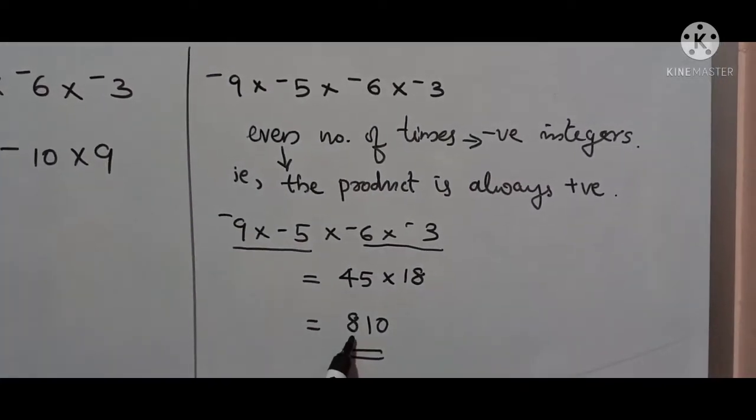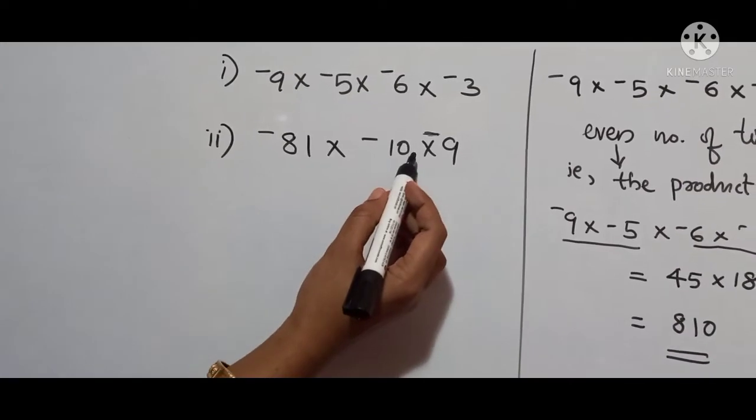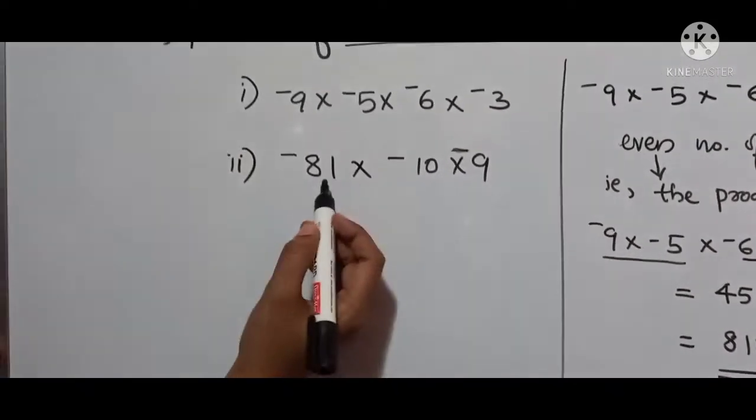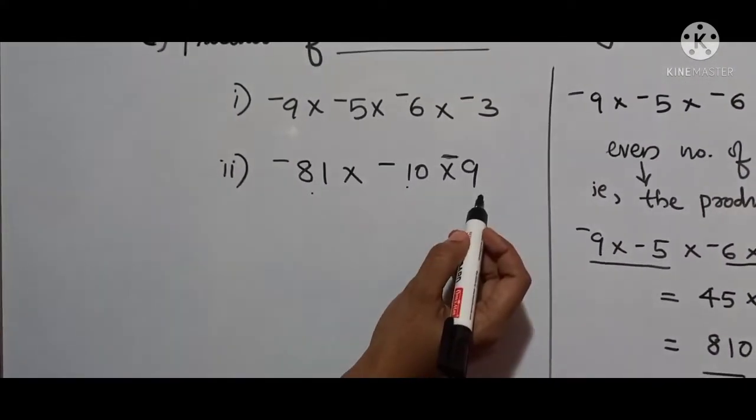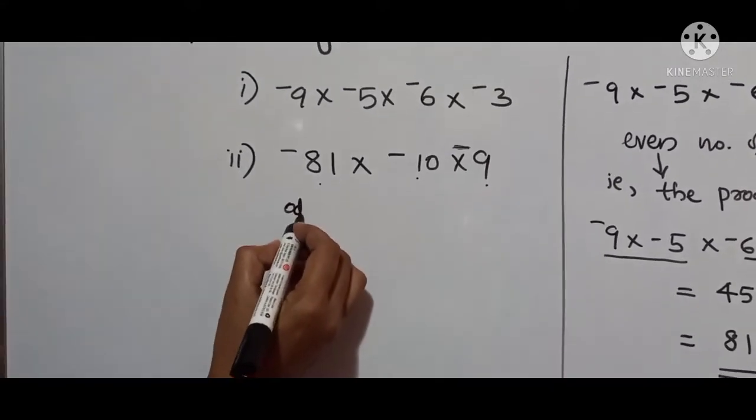There are 4 negative integers, an even number of times, so it is positive. Then the next one is minus 81 into minus 10 into minus 9. Here we have 3 negative integers. That means negative integers came an odd number of times.